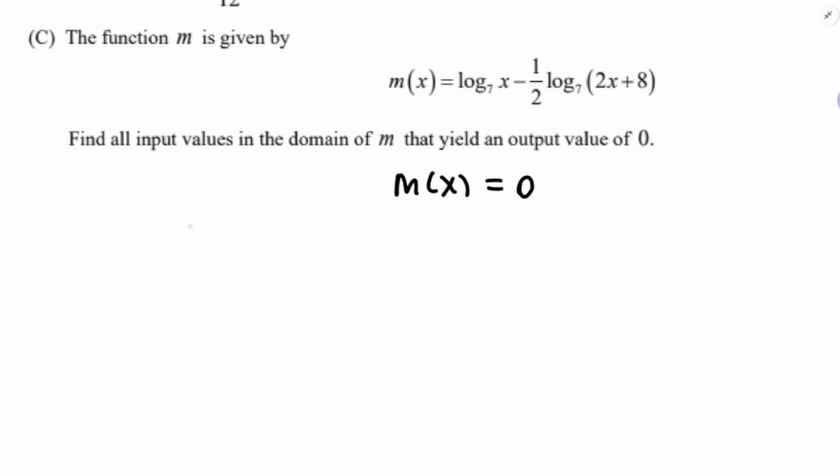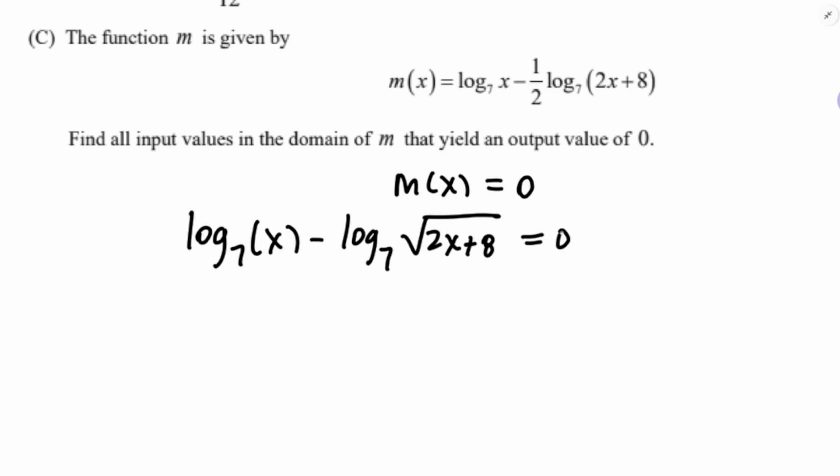Actually get going on that log, so it's going to be log base 7 of x minus log base 7 of that thing to the half power, so the half power is the square root, 2x plus 8 on the inside. Then that's going to be combining two logs with subtraction. That could be the same as combining them with division inside the argument. So it's going to be x divided by square root of 2x plus 8. And that's going to equal 0.